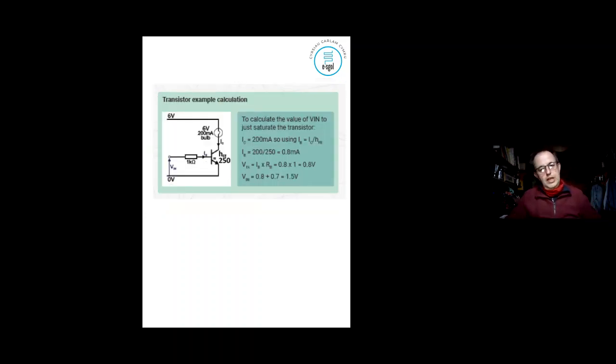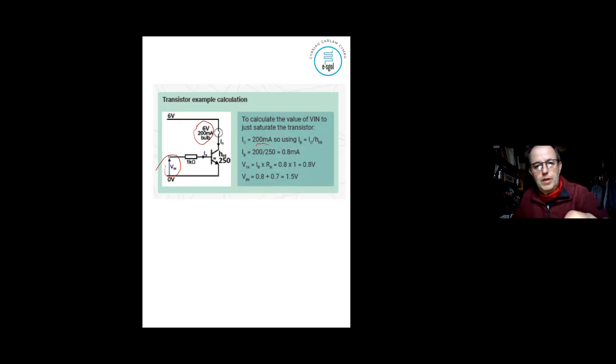Common calculations you will have to work out is what input voltage will give you saturation. So you tend to work backwards. The first thing you look at is what the conditions are for your collector current. In this one, you've got 200 milliamps, and you then work backwards to the base current.